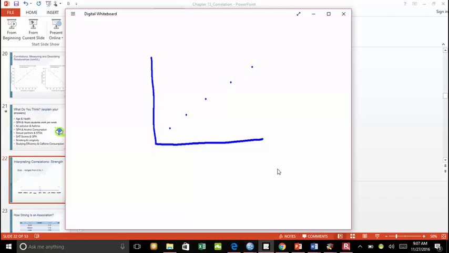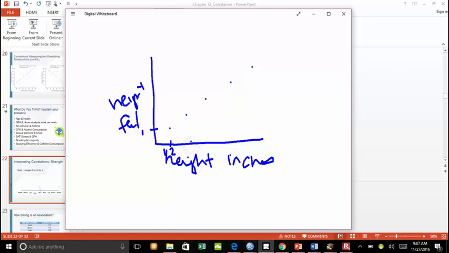But this could be something like height of something in inches, and then height of something in feet, right? If something is 12 inches, it's always 1 foot. If something is 24 inches, it's always 2 feet.